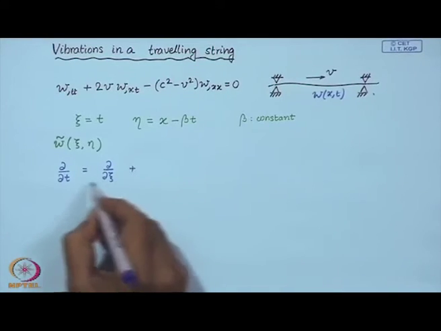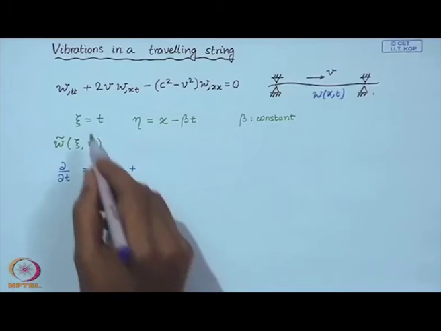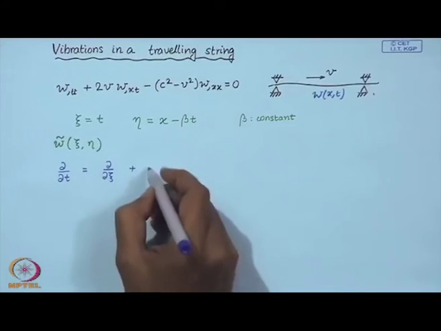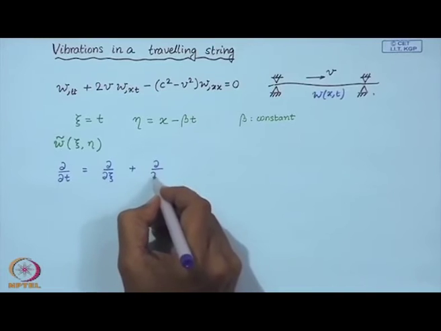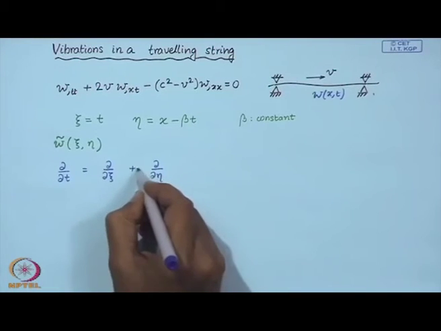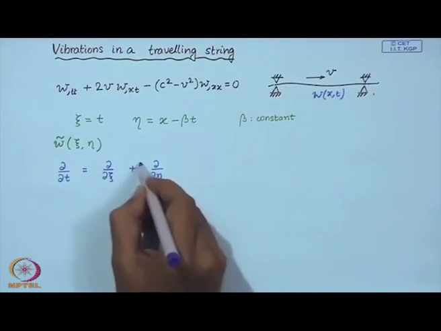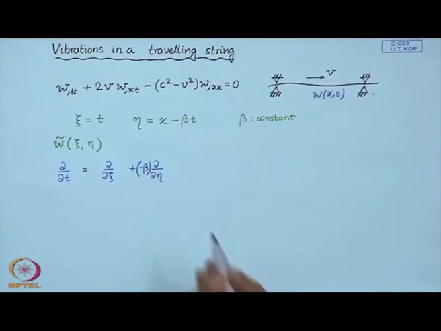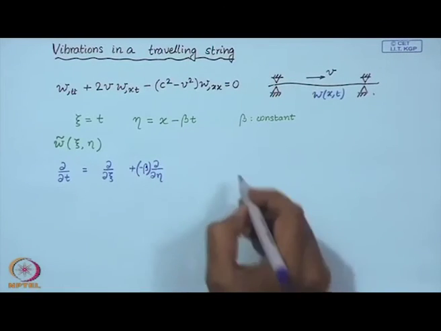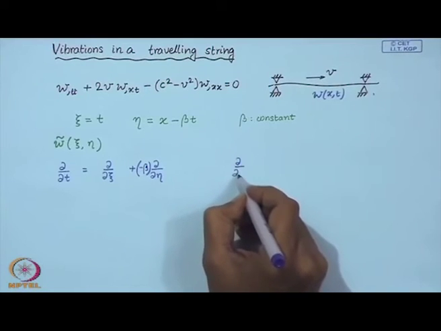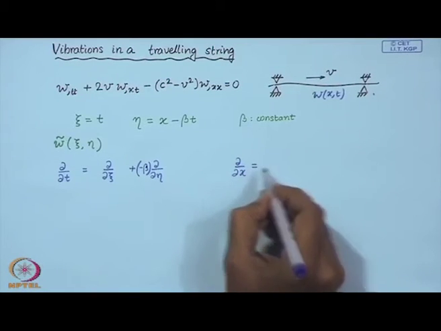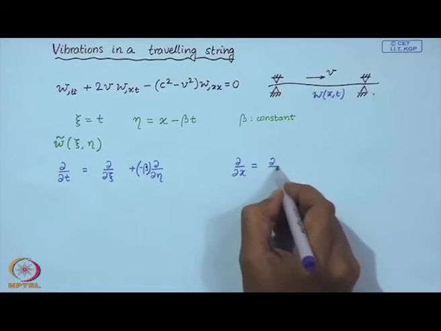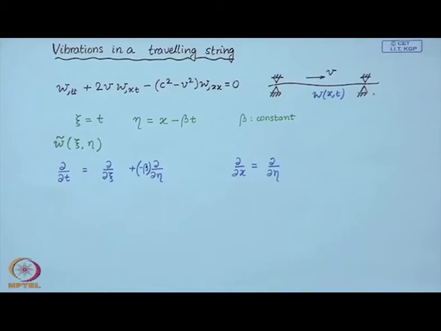derivative operators. del del t as del del xi times del xi del t, which is 1, so that is del del t. Similarly, del del x is nothing but del del eta.